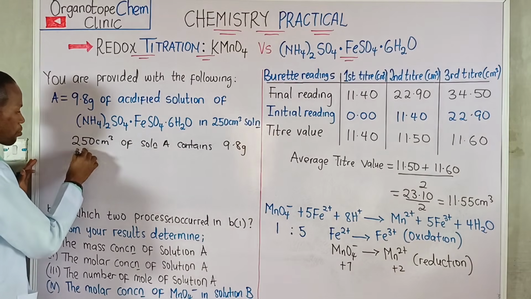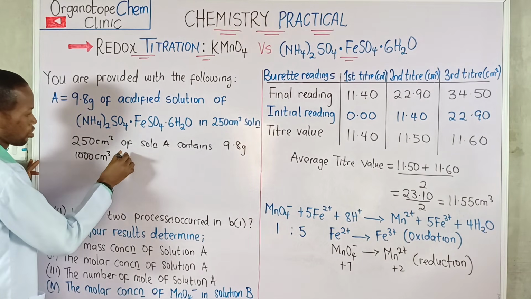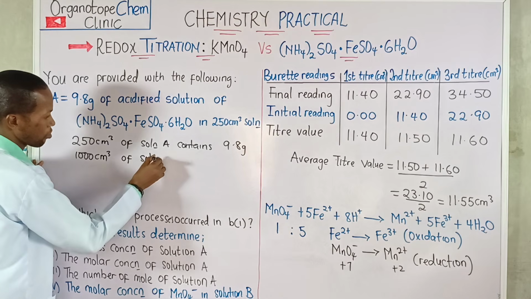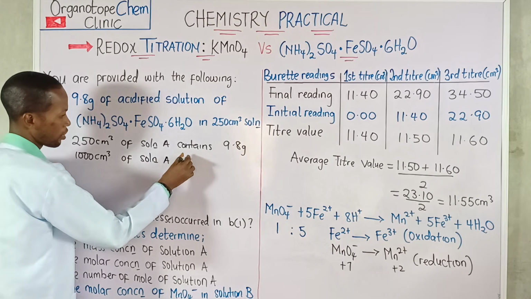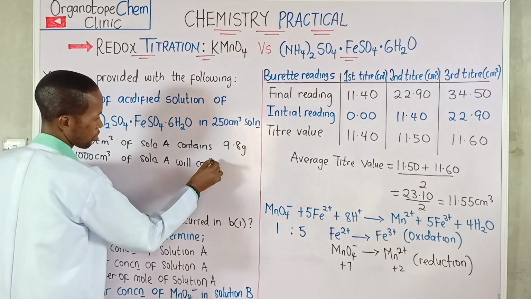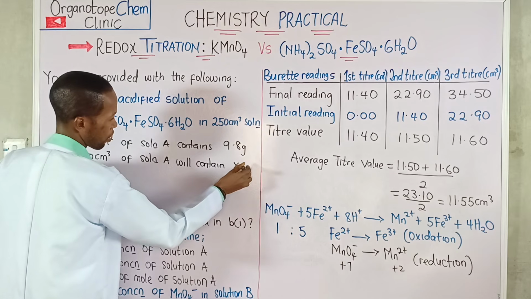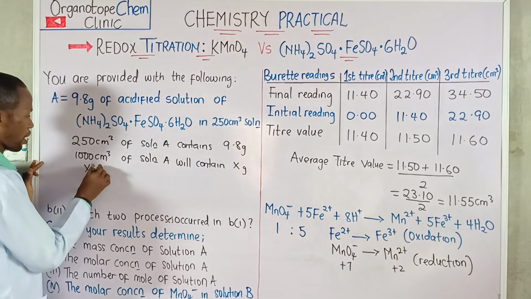Then 1000 cm³ of solution A will contain X gram.